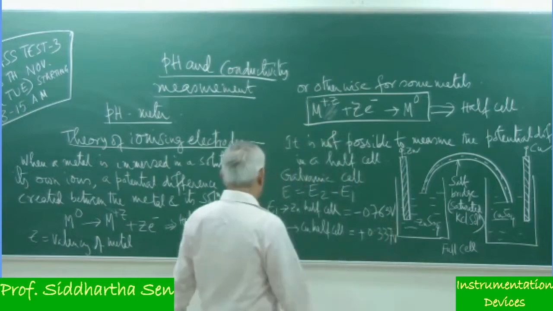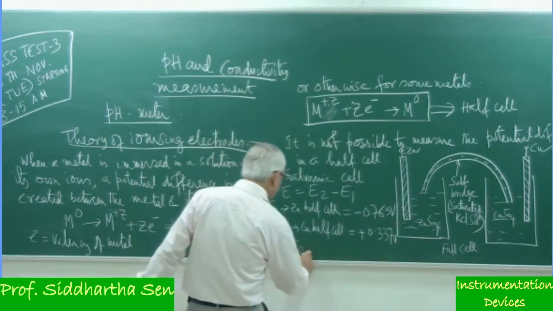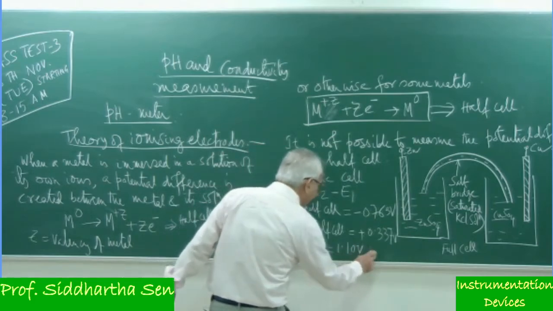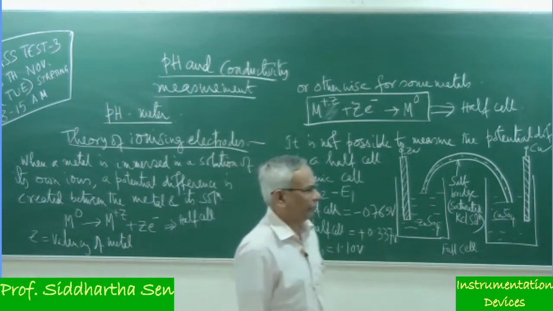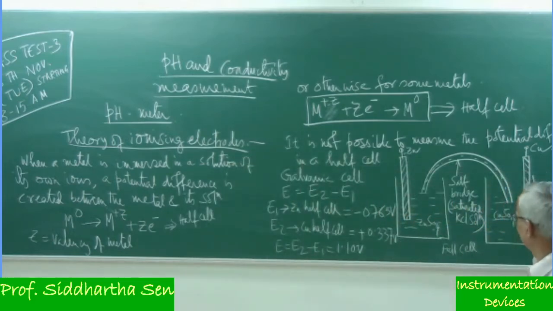You add them together, you get E equal to E2 minus E1, and that comes to be 1.10 volt. That is the basic galvanic cell, we have it like this.